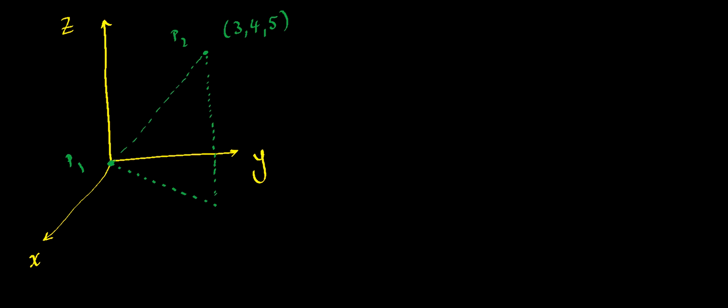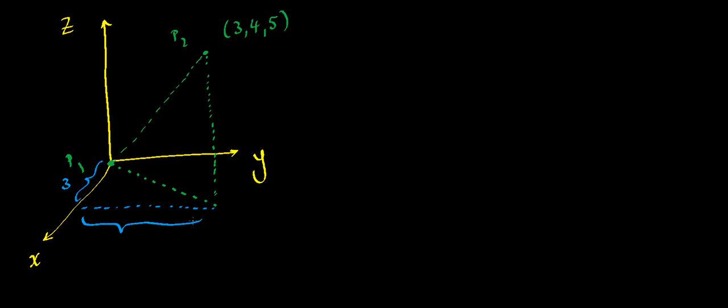So this point has coordinates 3, 4, 5, which means we move 3 units in the positive x direction. We move 3 units in this direction. We move 4 units in the y direction.